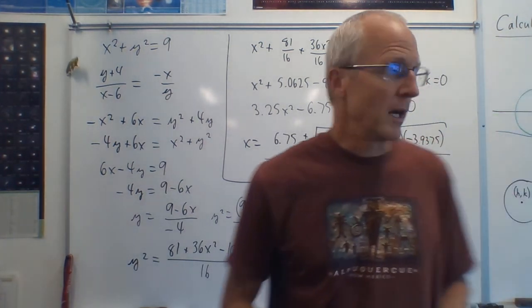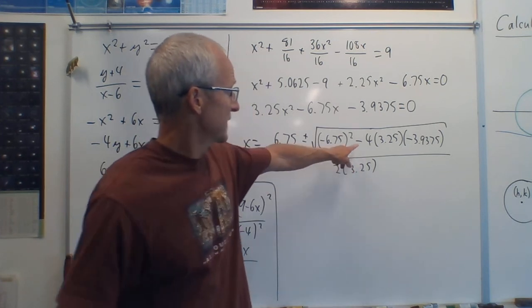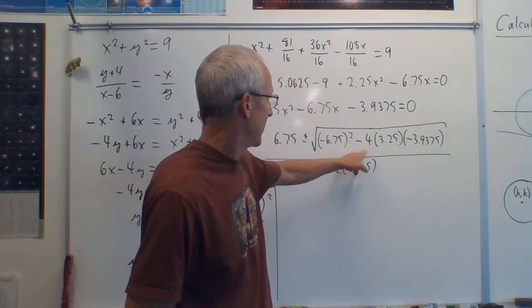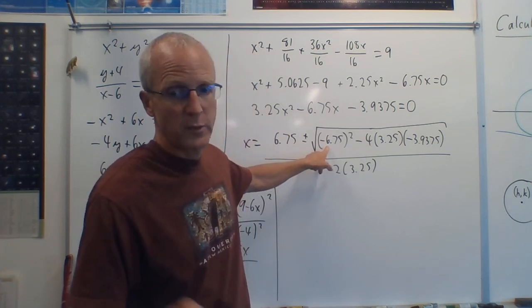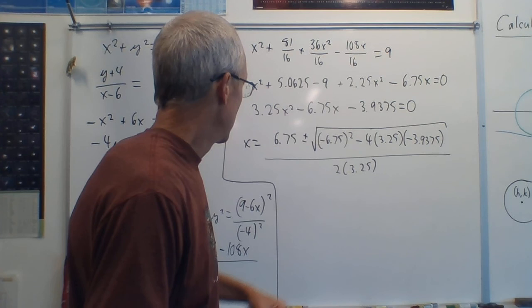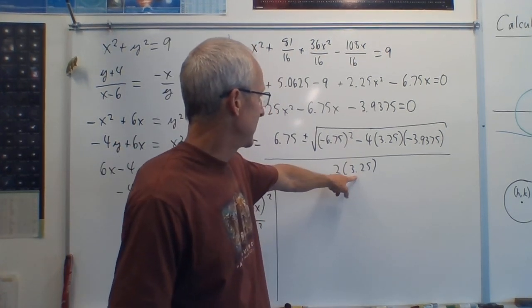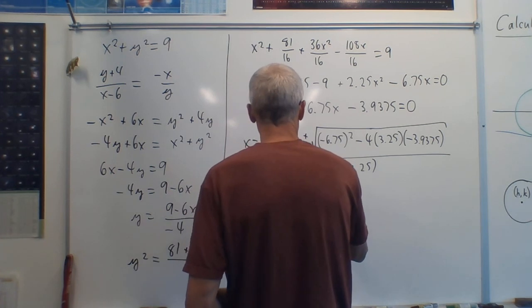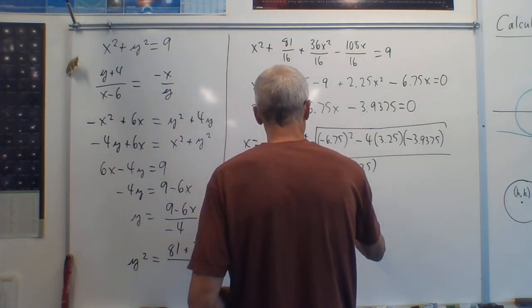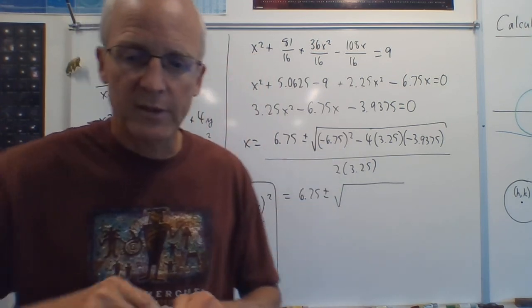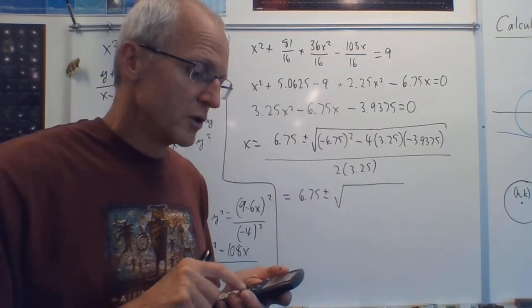Okay, what's really nice here is this is plus, right, minus, so it's plus inside. The negative here goes away because it's squared. So this is equal to, let's see, 2 times 3.25 is 6.5. So I'm just going to write all this out again. This is equal to 6.75 plus or minus the square root. I can do this in a calculator. 6.75 squared. Take a while.